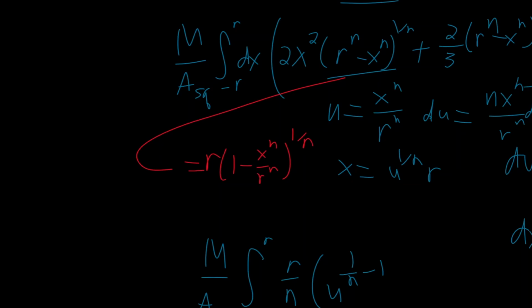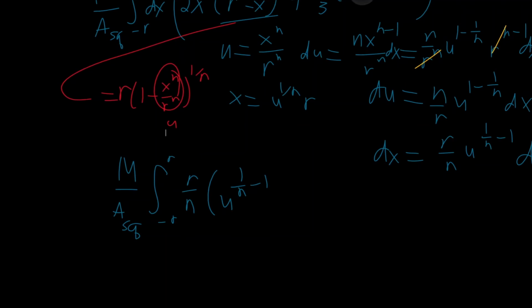When we factor that out, this whole quantity is just u. So what I just underlined is just r, I won't stick the r up front yet, so we have r times (1 minus u) to the 1 over n.